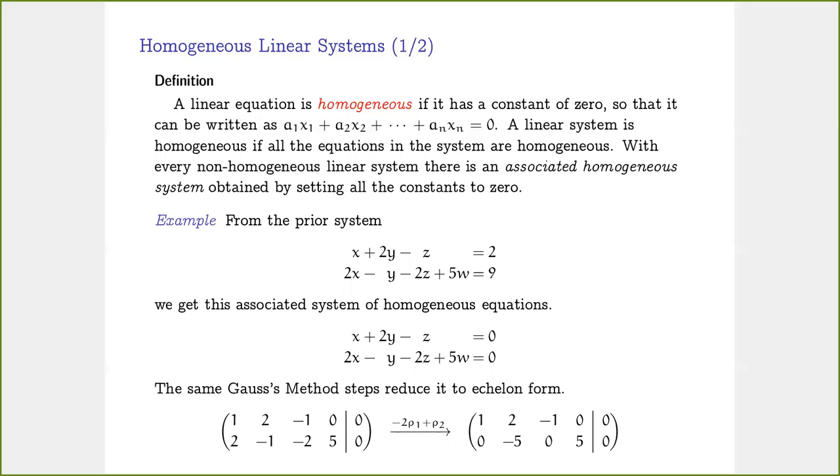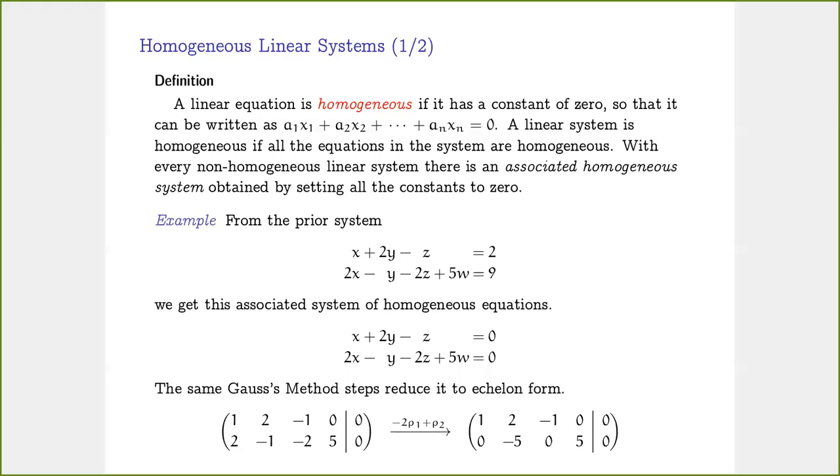For example, if we consider the original non-homogeneous system with constants of 2 and 9, we can just set those to 0 to obtain the associated homogeneous system, as shown here. Since the left-hand sides are identical in both systems, we can use the same row operations to convert each to echelon form.